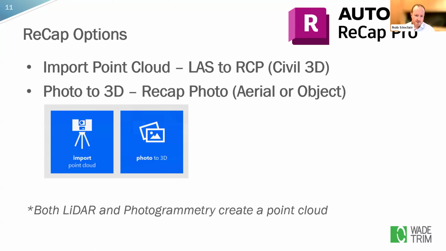It could be aerial photogrammetry from a drone, and you can process the data in Recap. So one misconception that people have is they see a point cloud and they automatically assume it's LiDAR data, but photogrammetry also produces a point cloud. So it can be confusing of where that source of information came from.